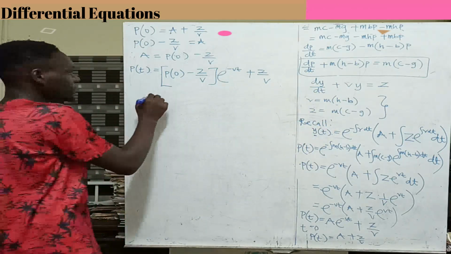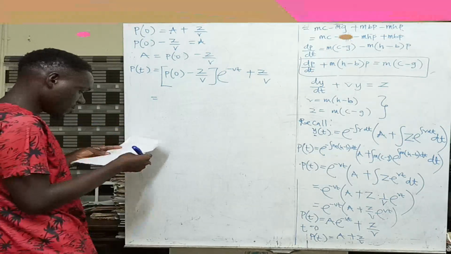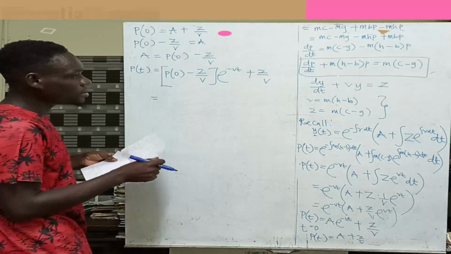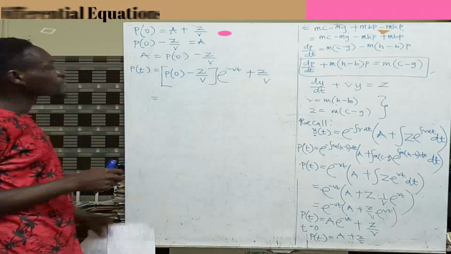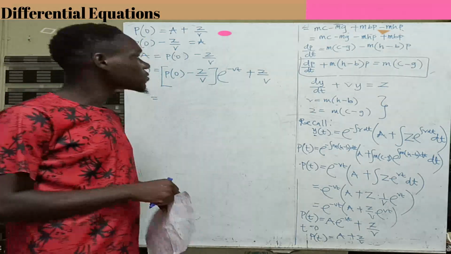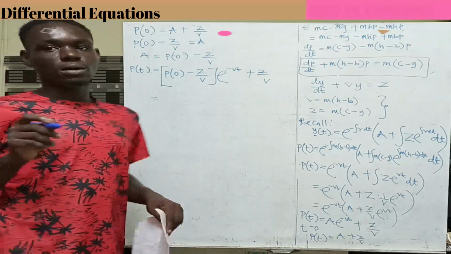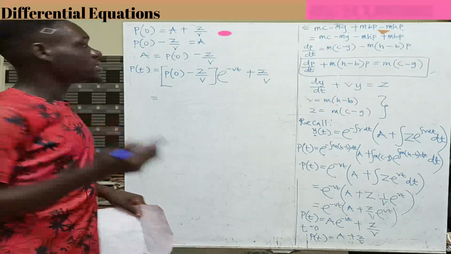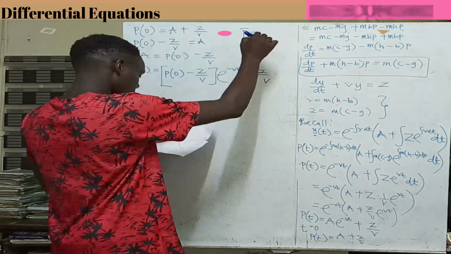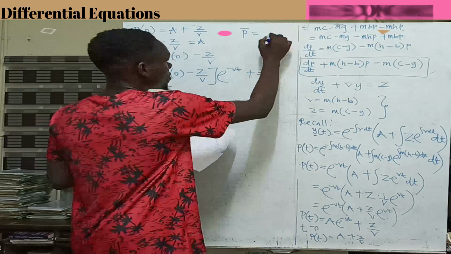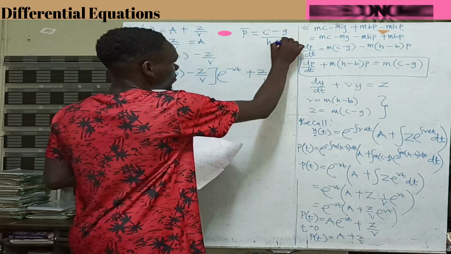So here we have our v, and then replacing. Now we are not just replacing this, we are also going to be making use of our equilibrium price, what we derive from our equilibrium price, which is this. So that our equilibrium price is h minus b.